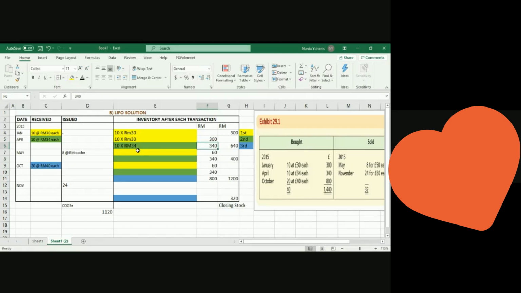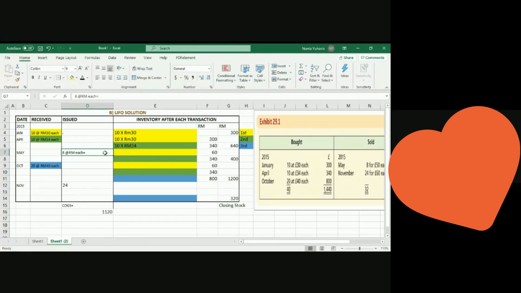These two are still the same, there are no changes in the answer. Normally, you can know where the changes will update in your cells: whenever you start selling, there will be changes. If you just purchase, there are no changes for all the methods. Only once you sell will there be some changes.